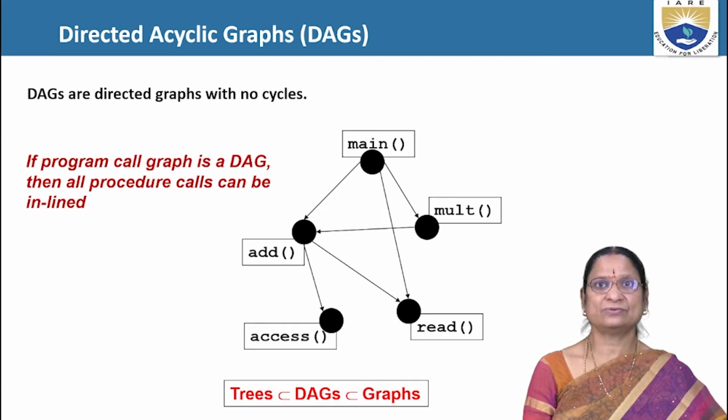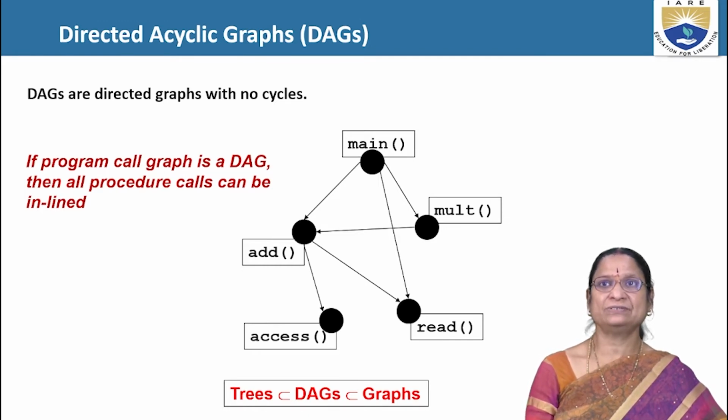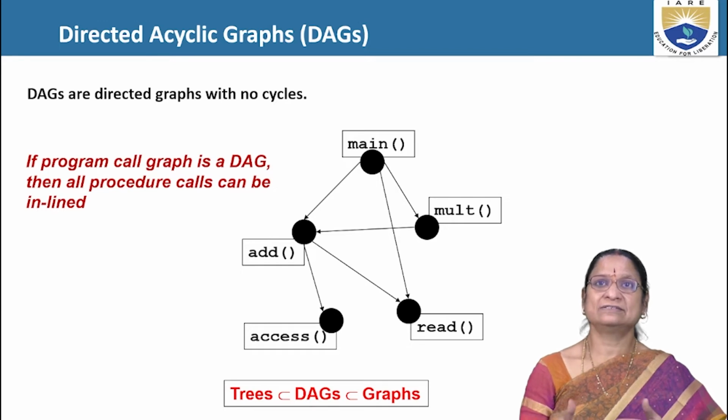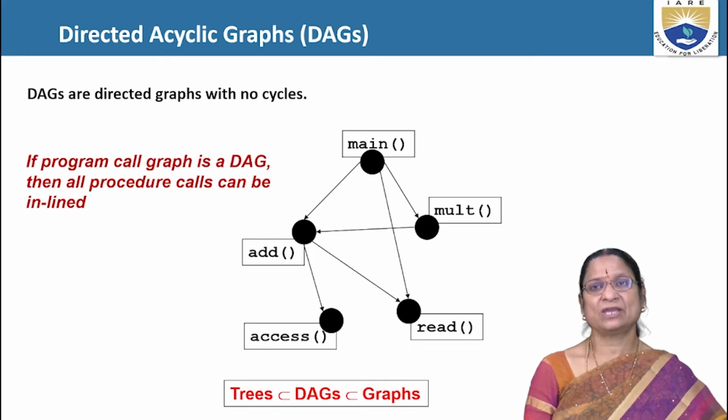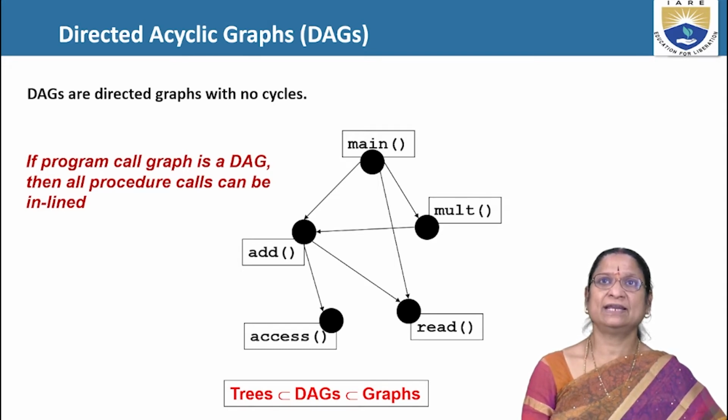Generally, in a program, the call graph is a directed acyclic graph. This is an application: when we have various subprograms and the subprograms internally call methods, calling the respective subprograms. If you represent all of them as a graph, then we will get a directed acyclic graph.